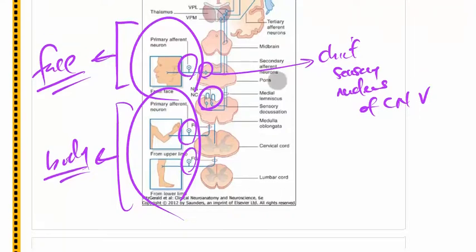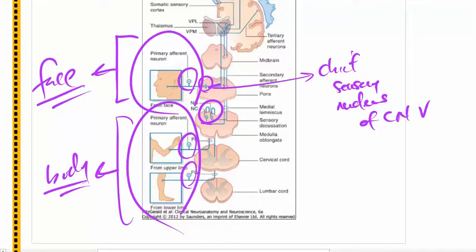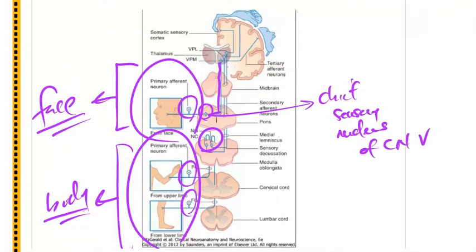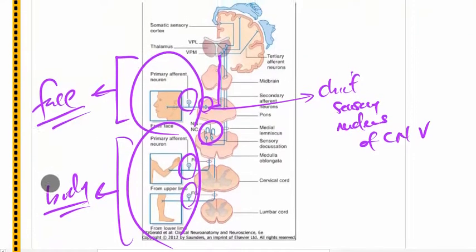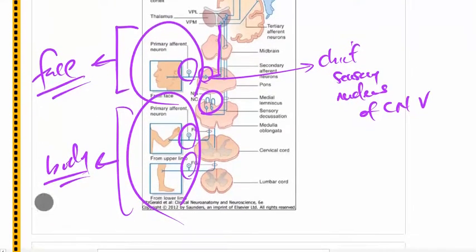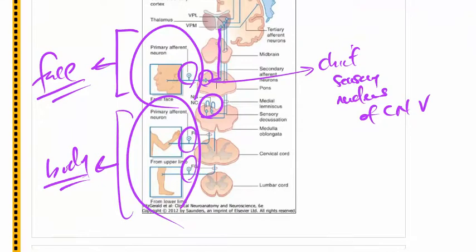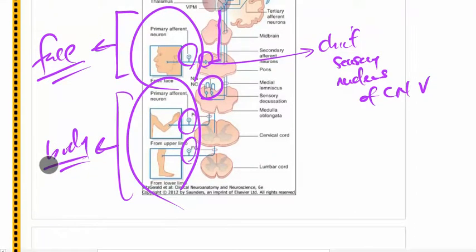From here, it will decussate and go up to your VPM, synapse in the VPM, and then move on to the somatosensory cortex. So it's just a slight difference when you consider the face. The schematic I just showed was for the body, but there is a slight variation for the face. Cool?